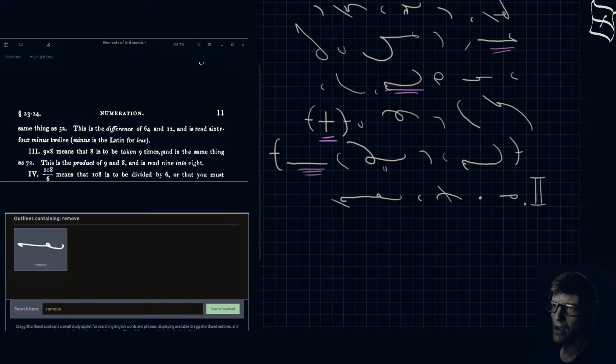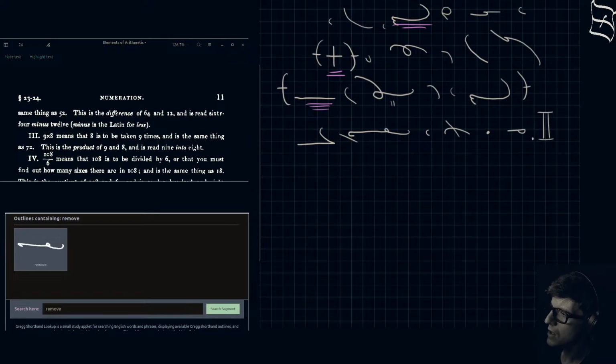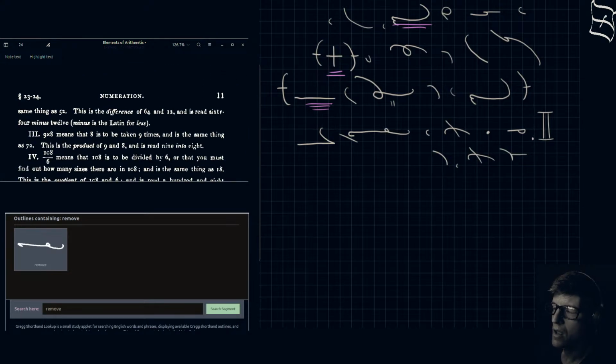So we have the difference, right? So when a quantity is removed from another quantity, the remainder, or the value that is left, let's see if that's left.